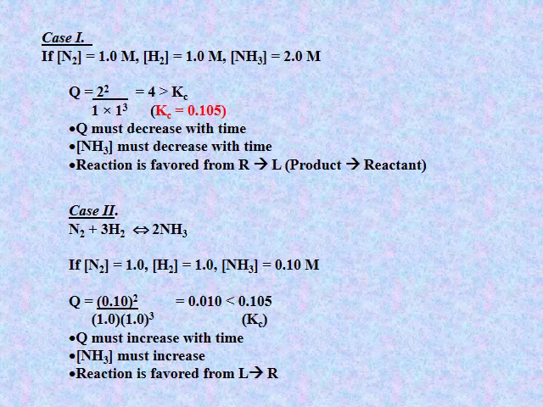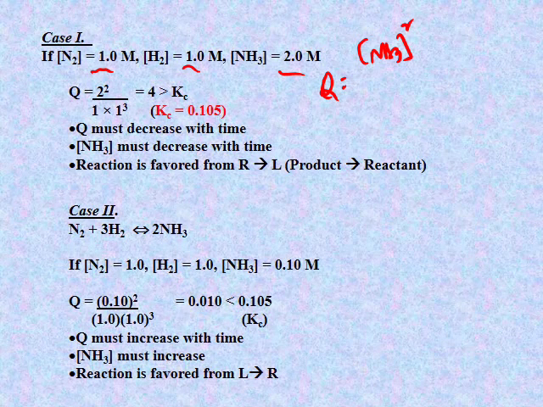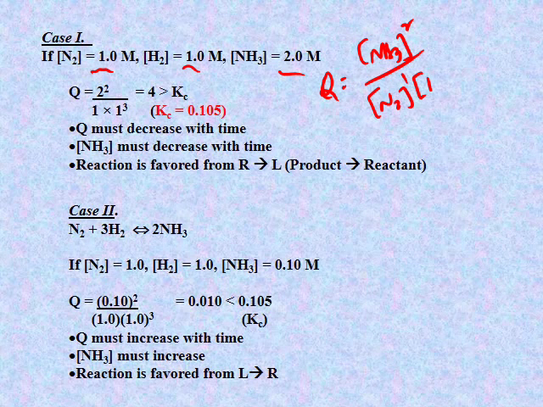Here we're giving a specific example where nitrogen concentration is 1 molar, hydrogen is 1 molar, and ammonia is 2 molar. Remember, you would have product concentrations on the top. I think it would be helpful if I also write down this actual expression, which is on the other slide: ammonia concentration raised to the power 2, nitrogen concentration raised to the power 1, hydrogen concentration raised to the power 3.